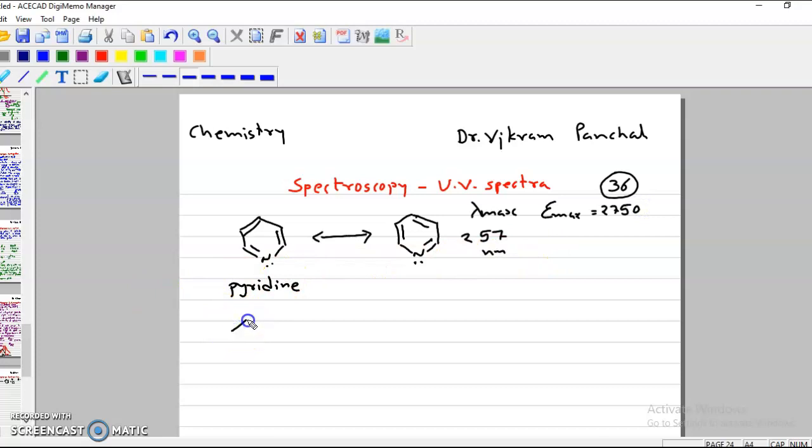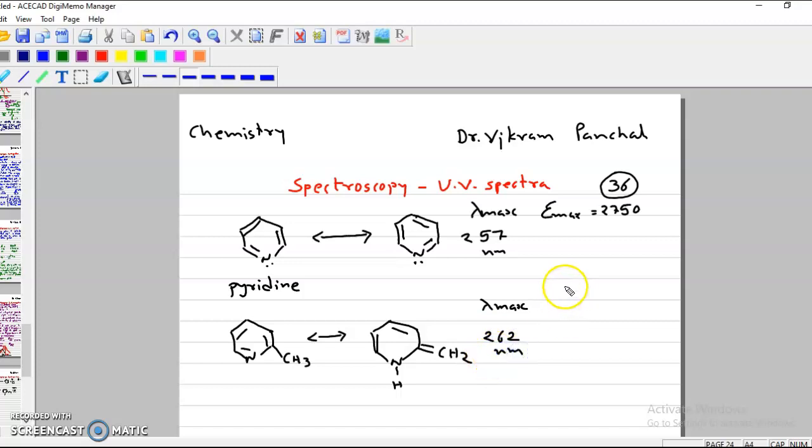Okay, now when methyl group is introduced to pyridine on second position, along with this resonance in 3 alternate pi bonds, even oxochrome like methyl group in acidic or in basic medium can show extra conjugation like this, and that is why lambda maxima will increase because of stability, as well as intensity of graph also increased from 275 to 3560.